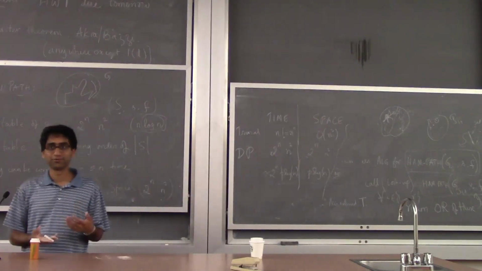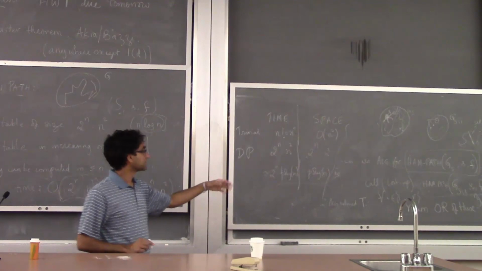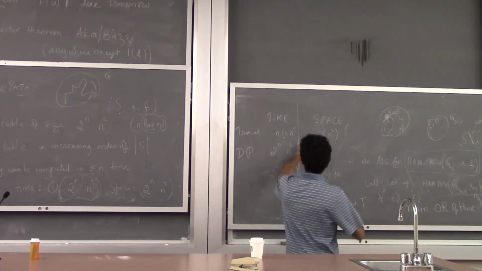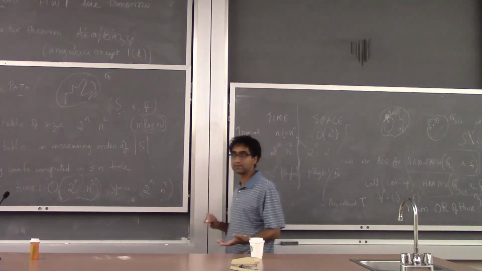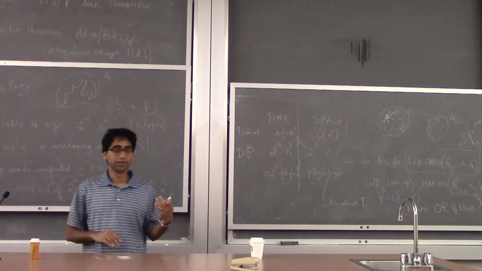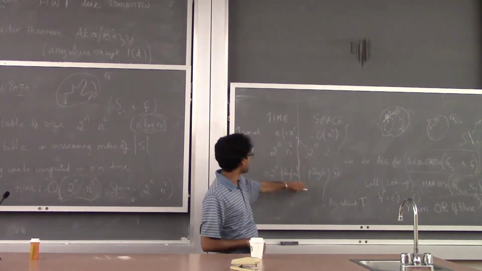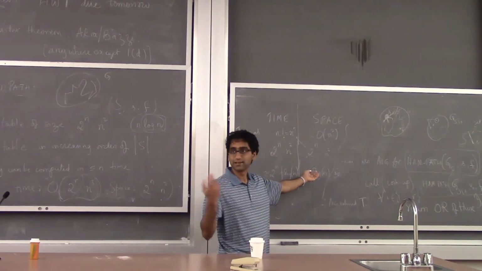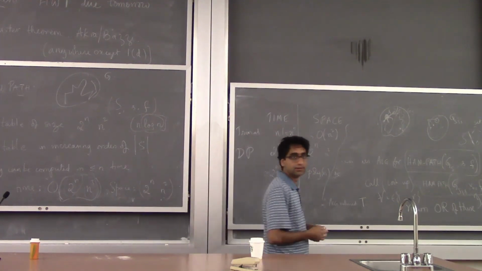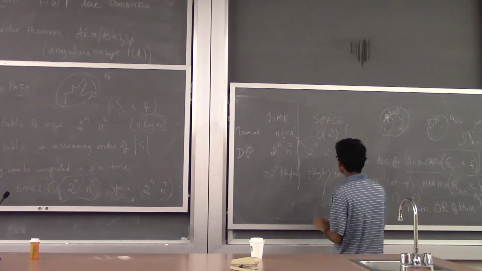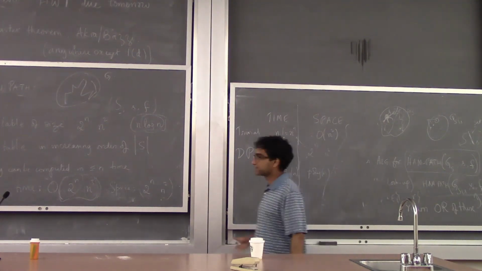People don't know if you can get algorithms of this kind. People think that this kind of time-space trade-off is necessary for this traveling salesman type problem, but we don't know. This would be a very interesting result if you could actually get an algorithm of this kind.